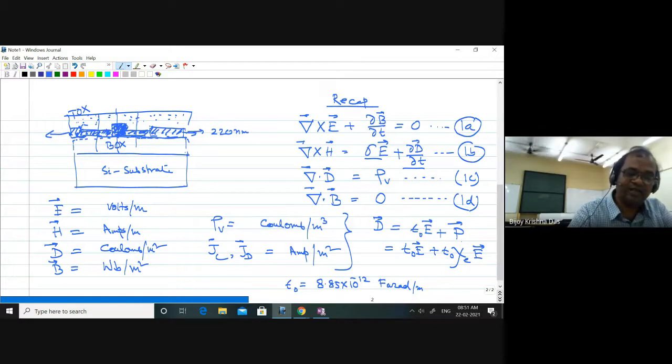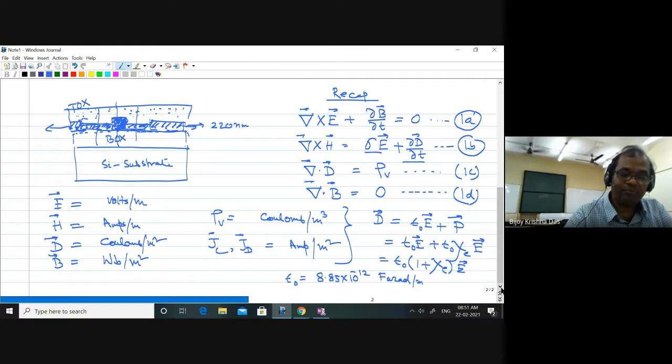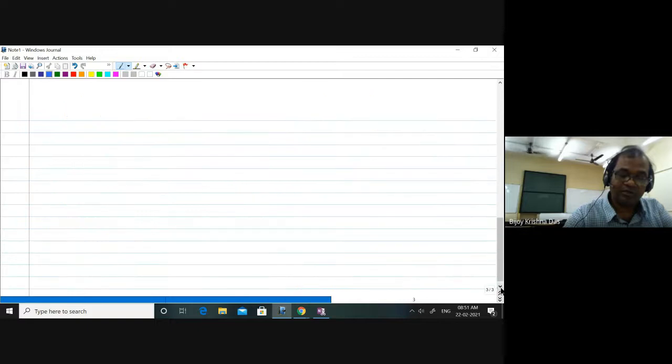Whatever P is, it can be proportional to the electric field with an additional constant that comes from the material property. And this can be written as epsilon 0 times 1 plus, and it is called susceptibility, chi E, electric susceptibility. And this 1 plus chi E we consider as what?